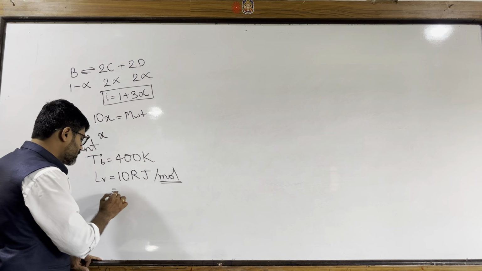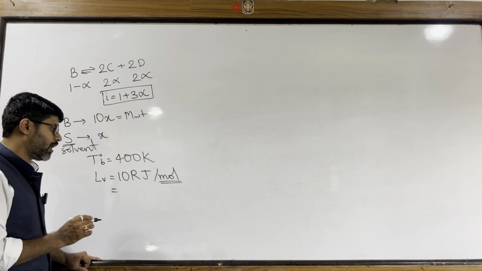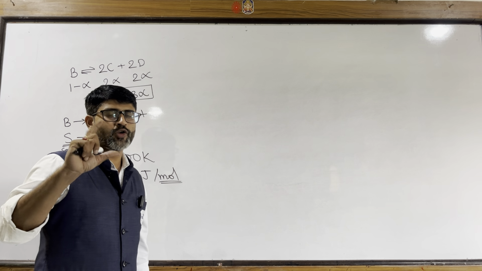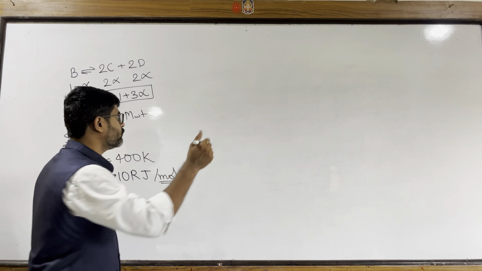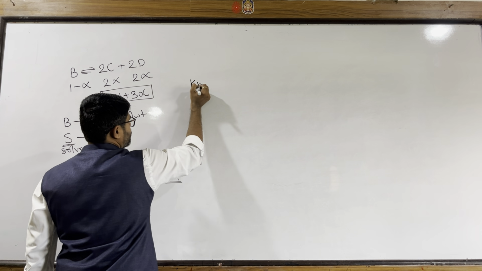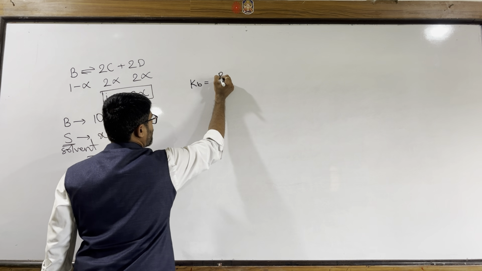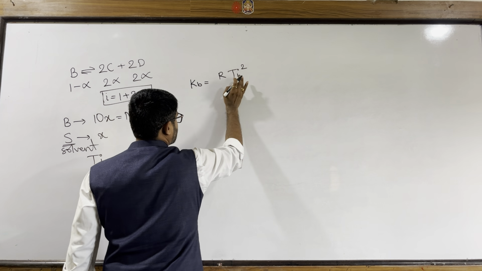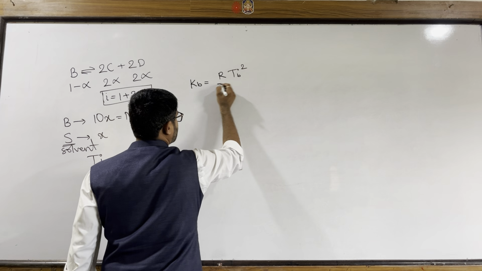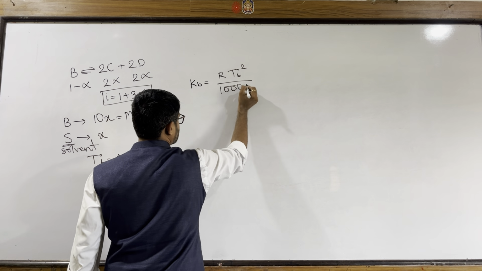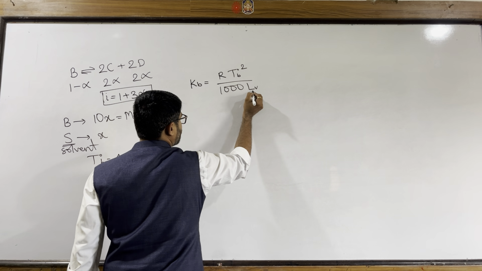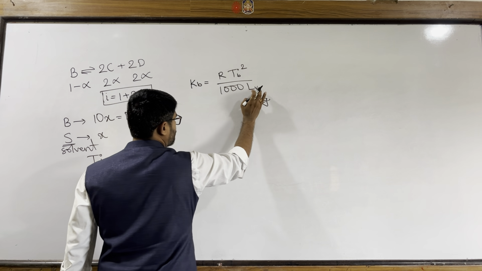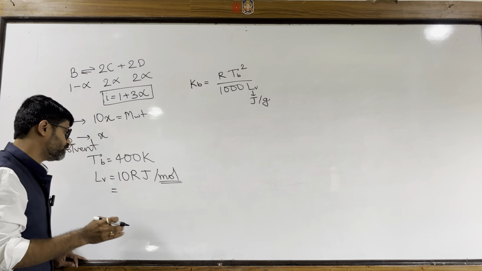So if I convert this value to joule per gram, we have the formula of Kb. The formula of Kb is equal to R T naught b square, the standard boiling point of the solvent, divided by 1000 Lv, the latent heat of vaporization in joule per gram. So we have to use this value in joule per gram.